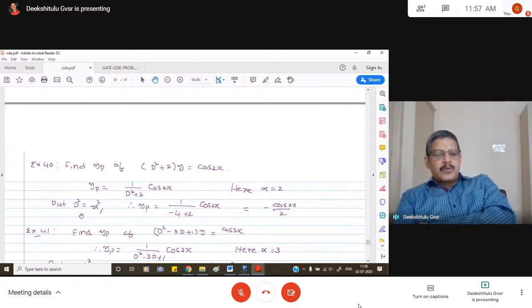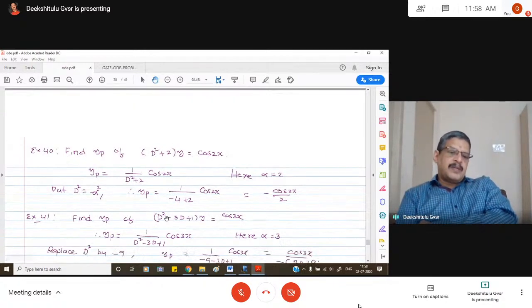So as per the rule, replace D square by minus alpha square, and alpha is 2, so minus alpha square becomes minus 4. So if you replace D square by minus 4, 1 by minus 4 plus 2 cos 2x, this is the particular integral. So for the general solution, D square plus 2 y is equal to 0, find the complementary function, and this is the particular integral.